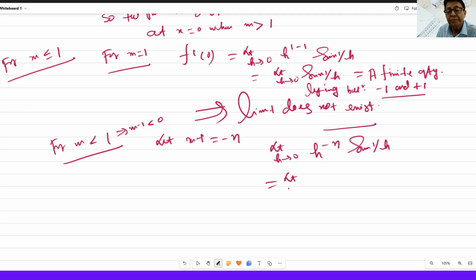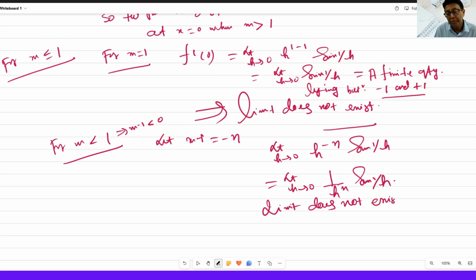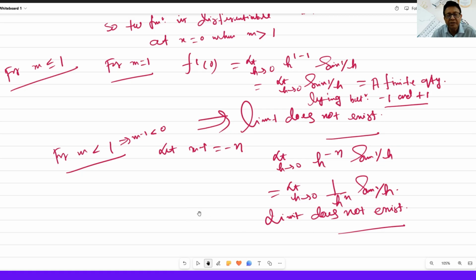So this will be 1 by h to the power n sine 1 by h. This doesn't exist because something by 0 is coming, no? This limit does not exist. So not differentiable. When m less than 1, then also not differentiable. So it will be undefined. It is not differentiable there.